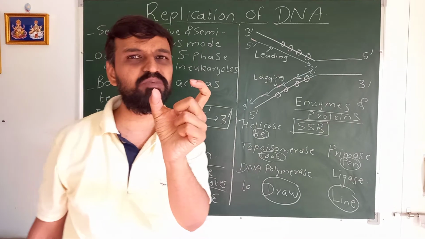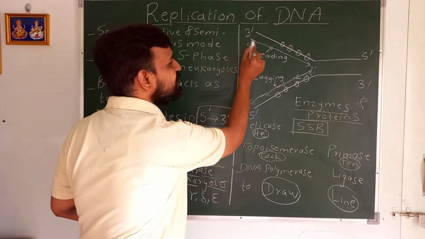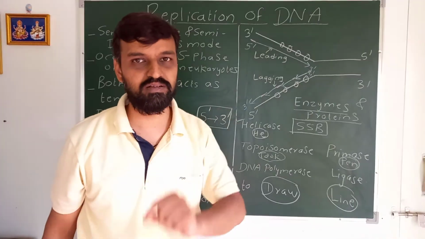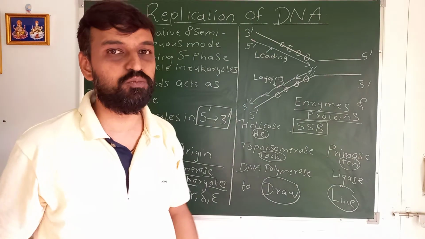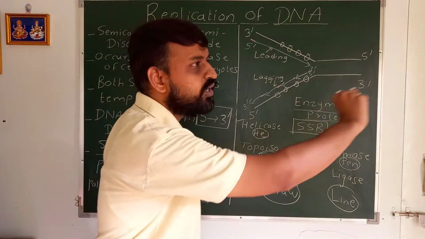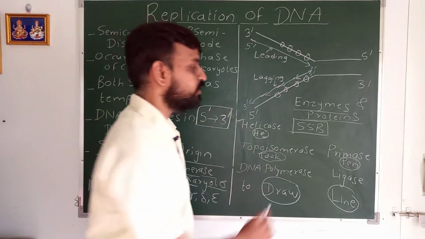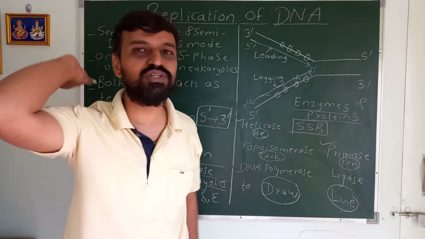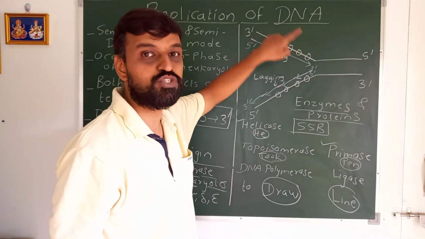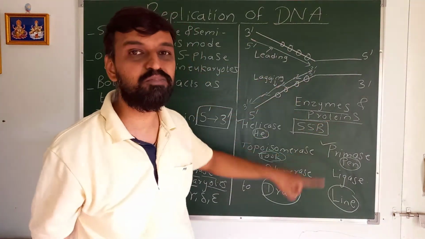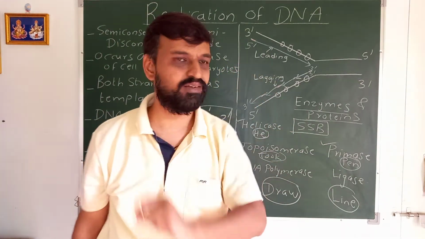Oligonucleotide means 5 to 10 nucleotides. They will synthesize the primer at the start, which will give a free 3' hydroxyl group to allow elongation of the nucleotides. So guys, please take note of this. This is one of the most important enzymes required in the DNA replication process, primase. It is also known as RNA polymerase, which will synthesize a short primer at the start.